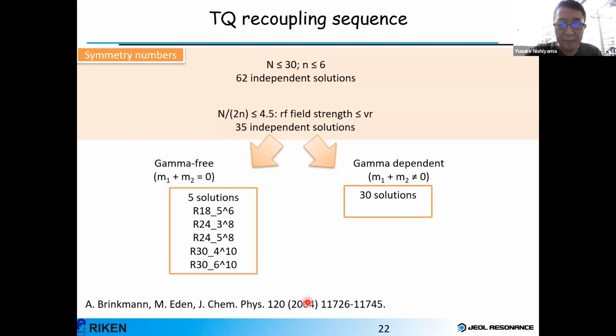Fortunately, almost 16 years ago, Matthias Eden already designed a strategy to produce triple quantum decoupling sequences using the second order terms. Then from these 35 solutions, we categorize into gamma-free sequences and gamma-dependent sequences, and we find 5 solutions for gamma-free sequences.